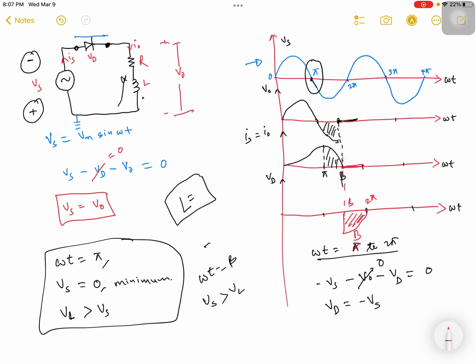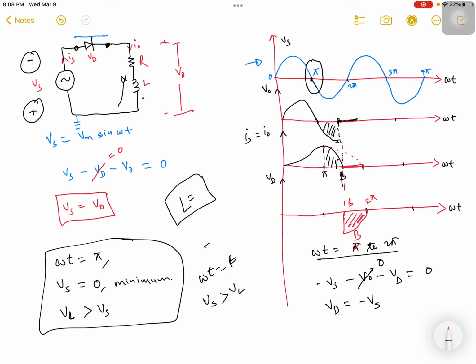But remember that we can also make the current through the load continuous, something like that. We can also extend till here depending upon the value of the inductor.